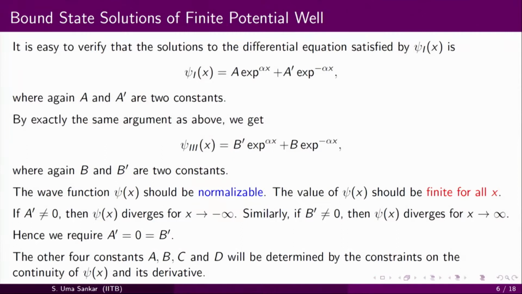So, in region 1, if I keep both a term as well as a prime term, then I will run into trouble, because for x extending to minus infinity, which is in region 1, that a prime term will diverge. So, the requirement that wave function should always be finite compels me to put a prime equal to 0.